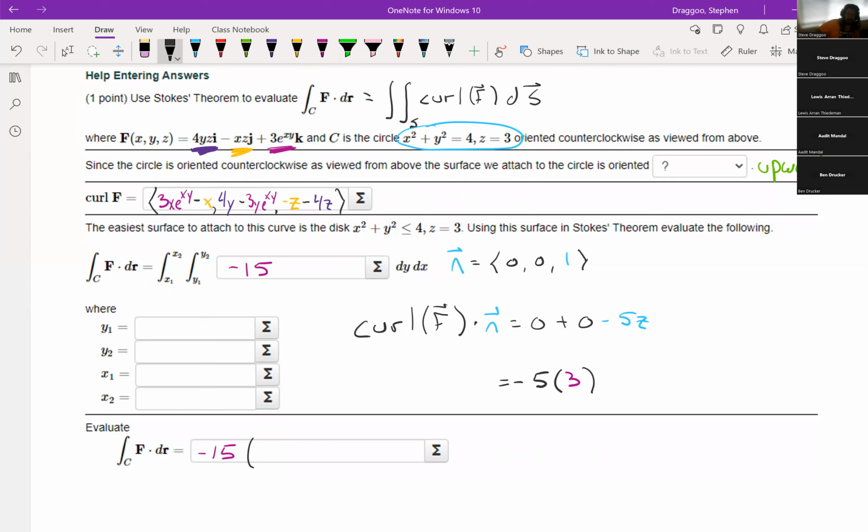Looks like our radius is 2. Back up to the blue region, x squared plus y squared is equal to 4. So this should be pi times 2 squared. We've got a radius of 2, and we can simplify that if we want to. 15 times 4 is 60. So negative 60 pi.